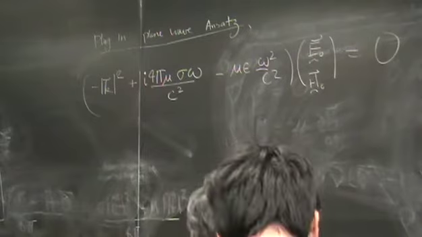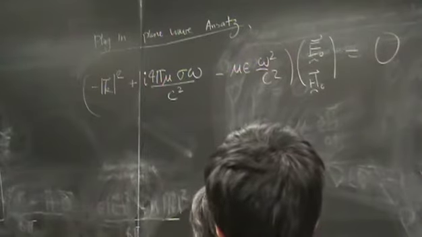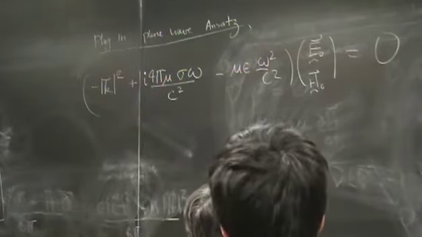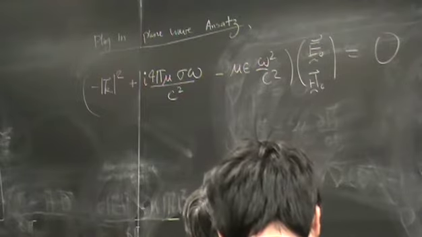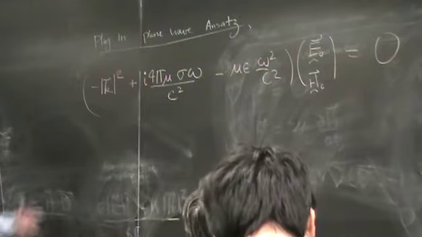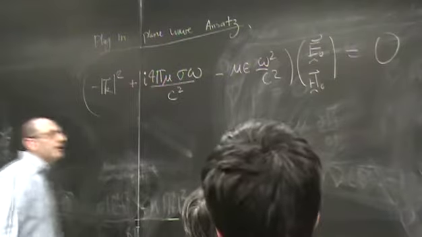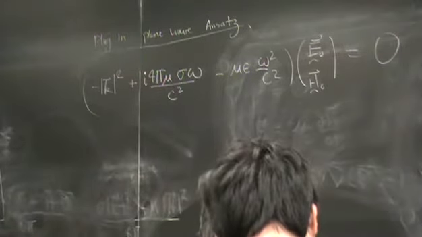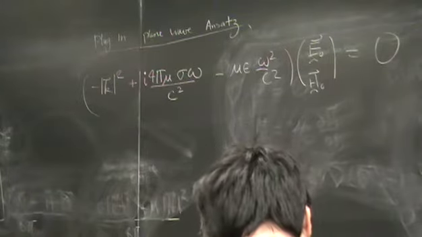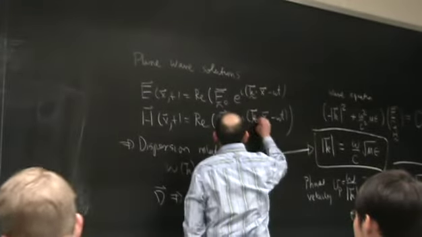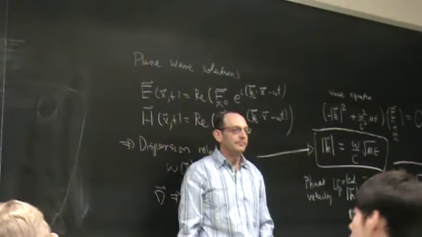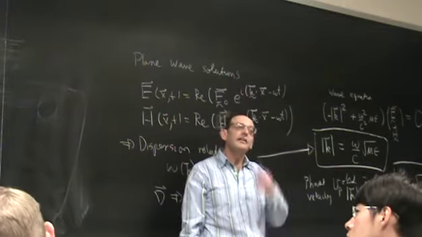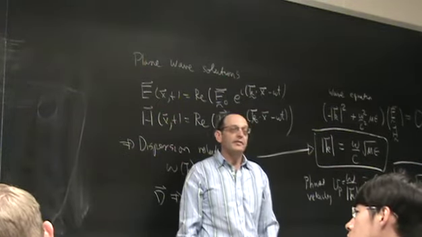So we have something new and interesting. What we see in this case is that for this ansatz to be a solution to the wave equation, the only way that's possible is if this wave vector is a complex number, or let's say it's a vector with complex coefficients.